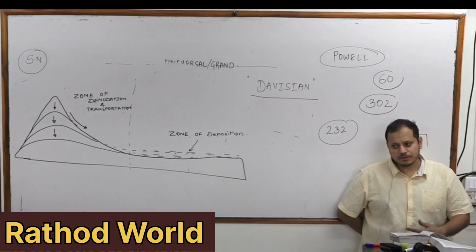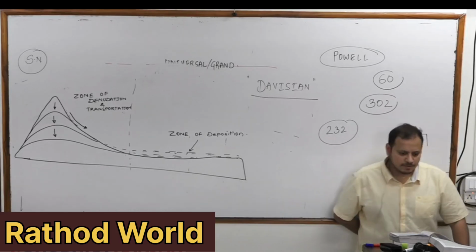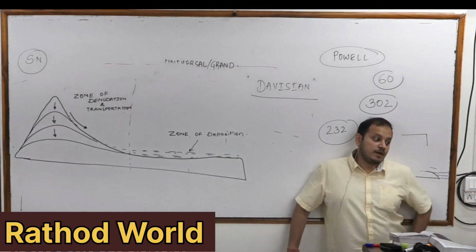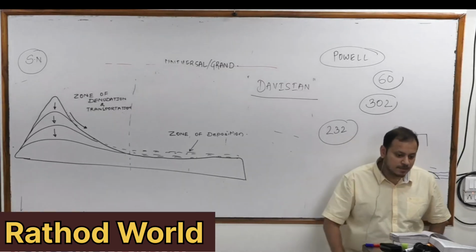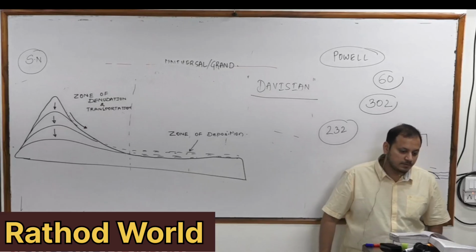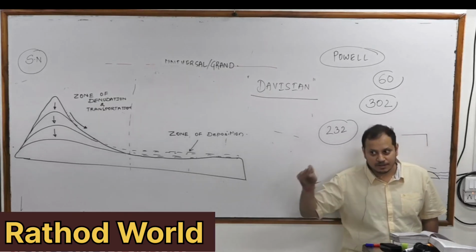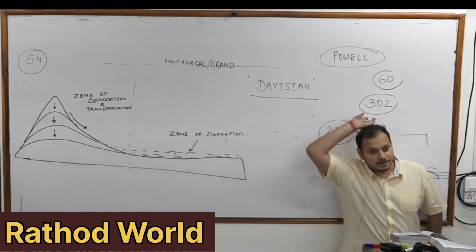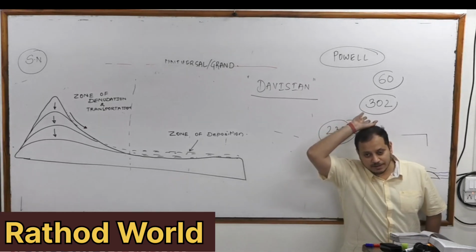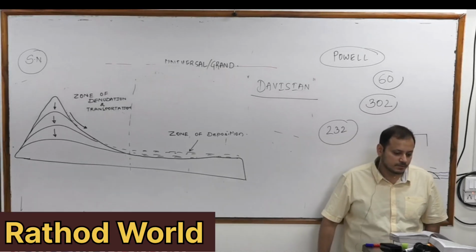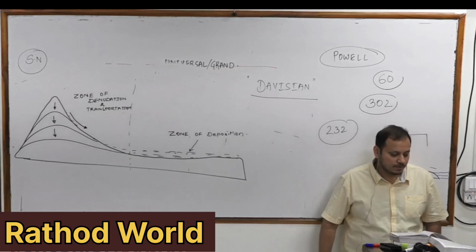Because climate includes everything, vegetation, everything is determined by the climatic factors, which includes both present as well as past climatic conditions. Remember, the present is the key to the past, not just today's climate. What the climate was 1 lakh years ago will also determine the present and past climatic conditions.